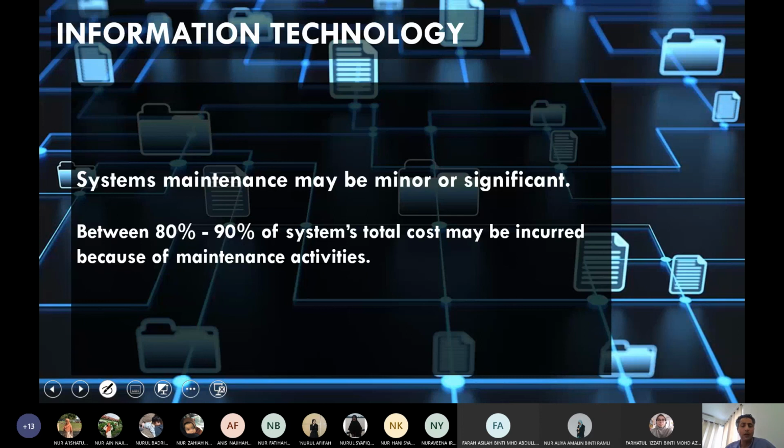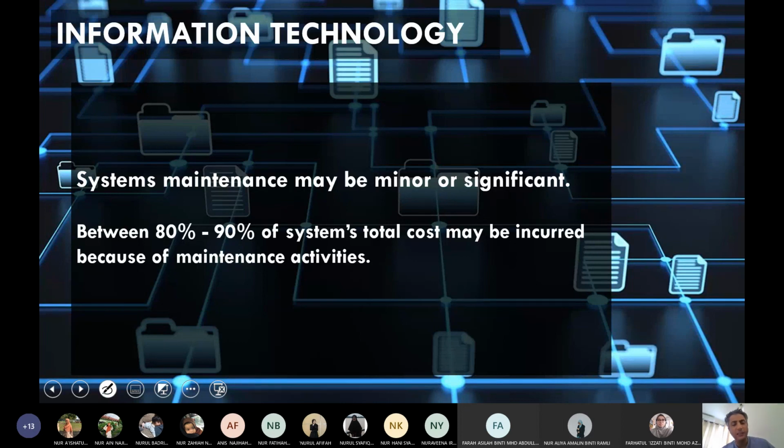Okay, but we need to understand that system maintenance may be minor or significant. Big and multinational companies with huge transactions, and high-risk sectors like banks and insurance companies, are required to ensure the maintenance of that system.